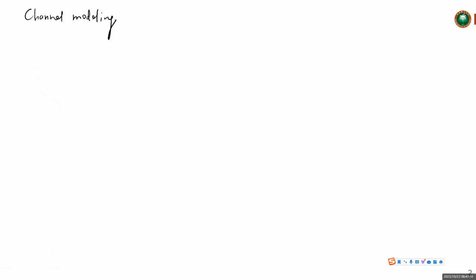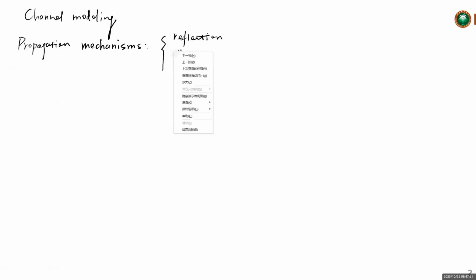Actually, there should be a number of propagation mechanisms, commonly known as reflection, diffraction, transmission, and so on.